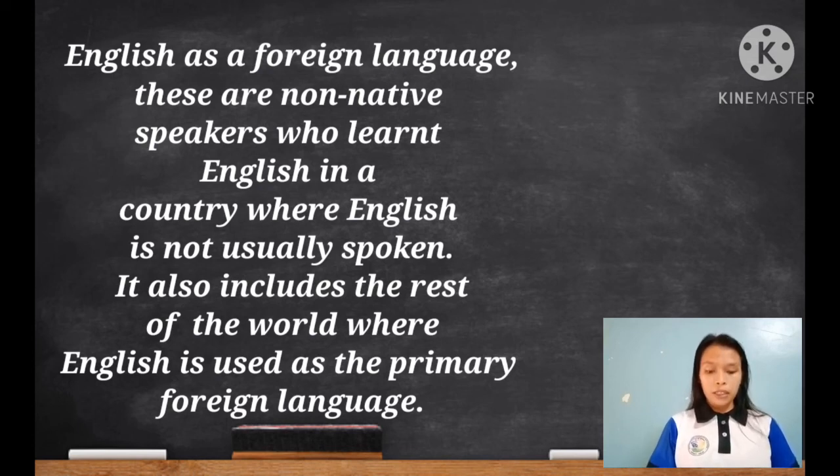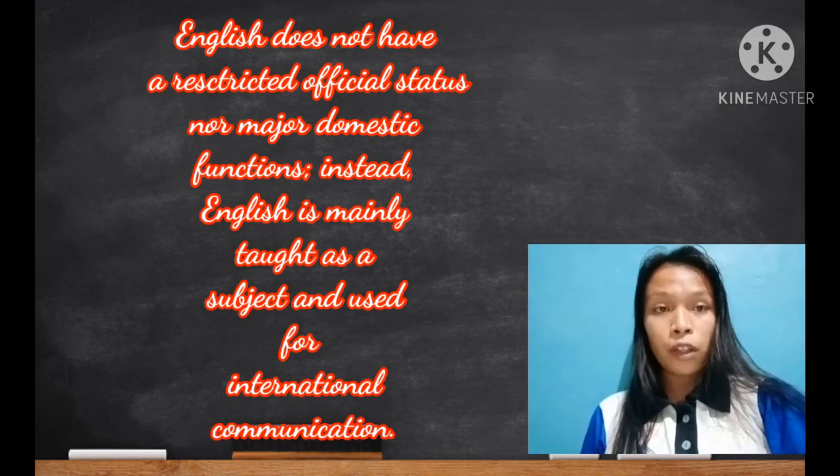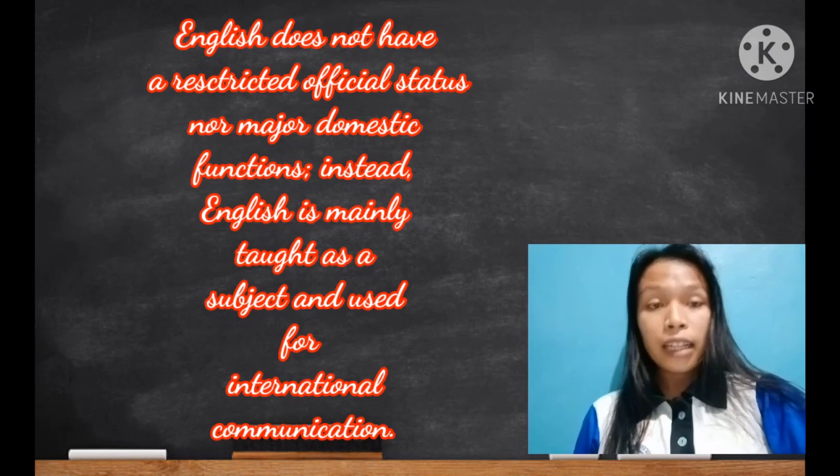In this circle, the speakers have to follow the rules established by the inner circle and developed or challenged by the outer one. The expanding circle was never colonized by the British Empire, and therefore English is not a language spoken by a significant number of people in the country. English does not have a restricted official status nor major domestic functions. Instead, English is mainly taught as a subject and used for international communication.